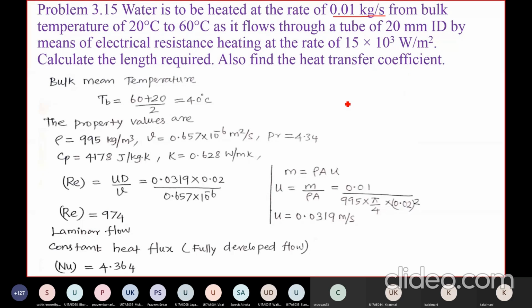So it is also an important situation here. If it is said that it is heated by electrical resistance, that means the surface is continuously subject to constant heat flux, because it is continuously heated.